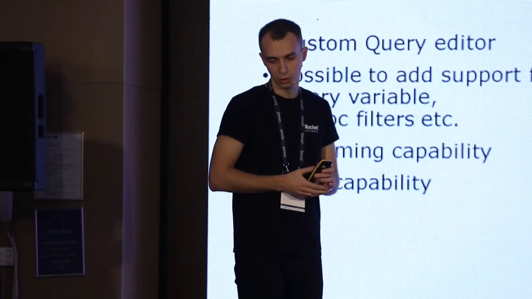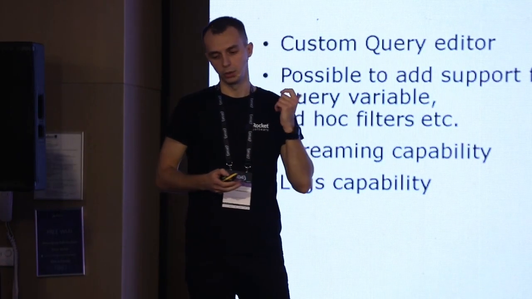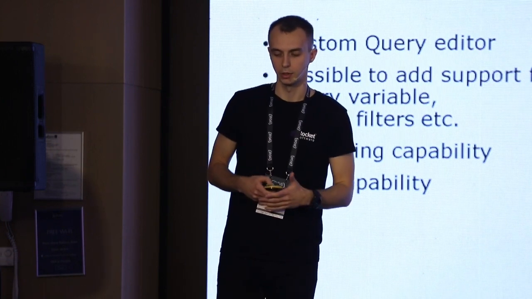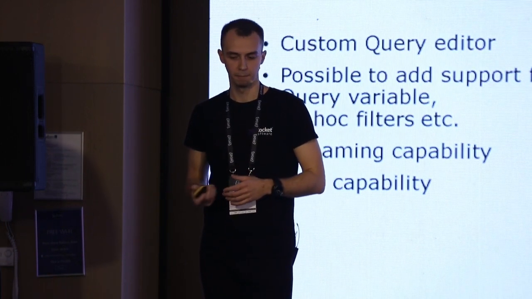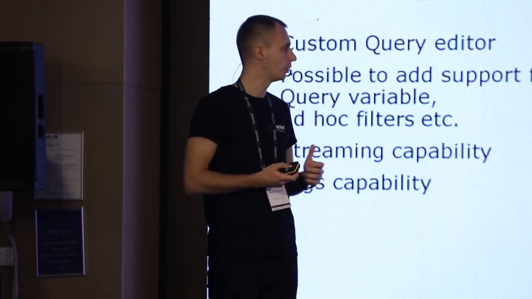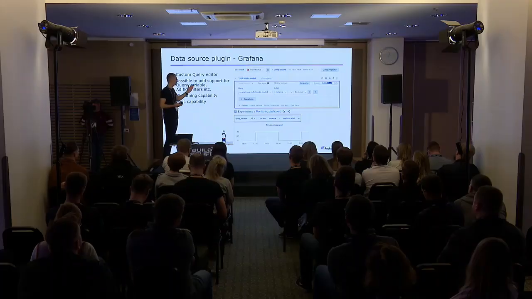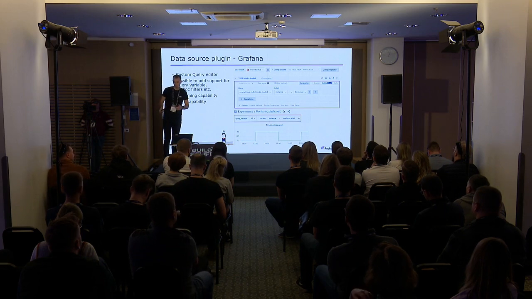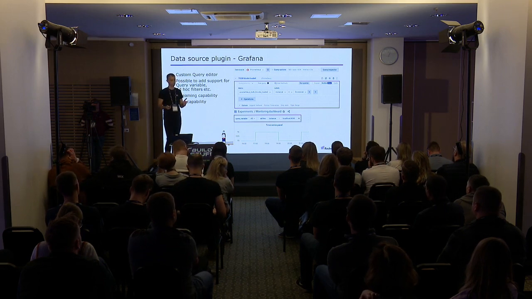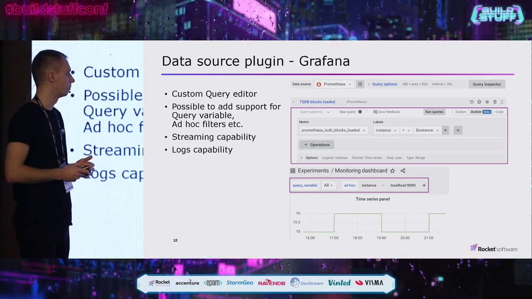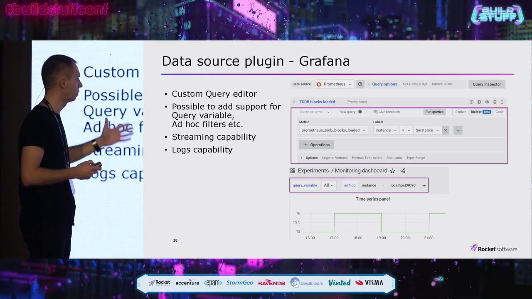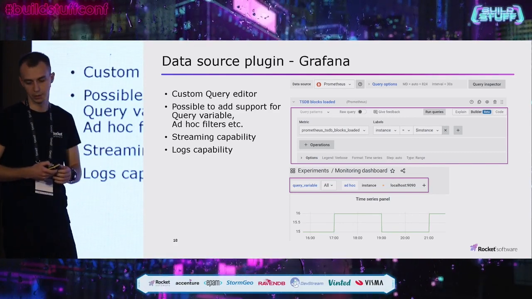Here I would like to demonstrate the integration of a data source plugin into Grafana. When you're creating a panel, you need to define at least one query, and the query editor area is highlighted on the top screenshot. Each data source plugin has its own query editor component that provides the best experience to define the query for this specific data storage.